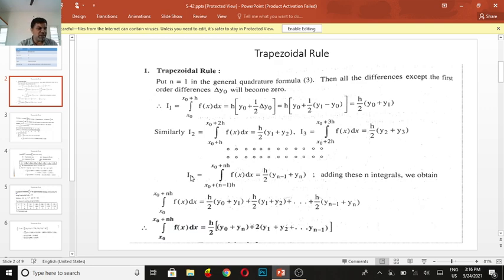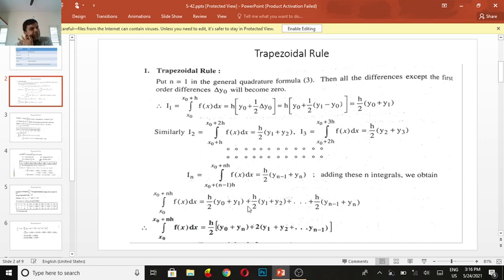In general, In equals the integral of f of x dx from x naught plus n minus 1 times h to x naught plus nh, which equals h by 2 times yn minus 1 plus yn. Adding all these terms, the integral from x naught to x naught plus nh of f of x dx equals h by 2 y naught plus y1, plus h by 2 y1 plus y2, plus etc., plus h by 2 yn minus 1 plus yn.